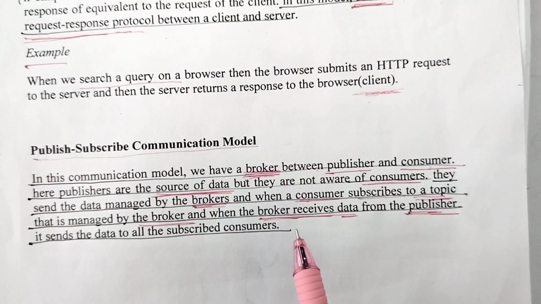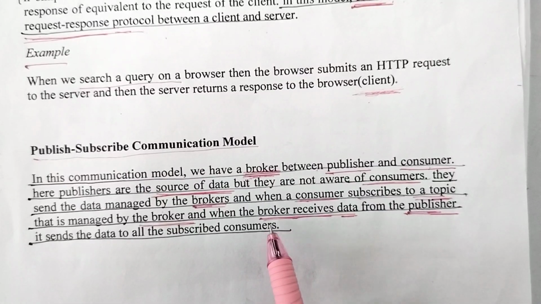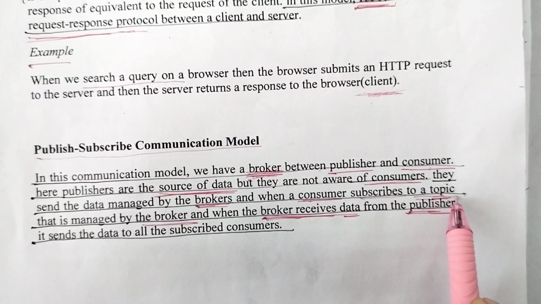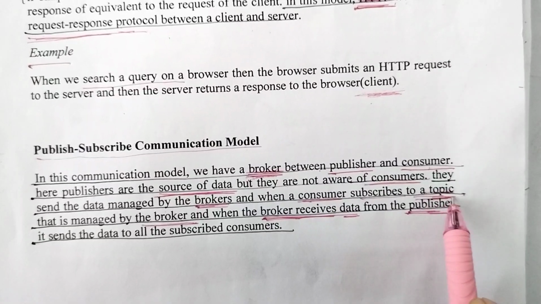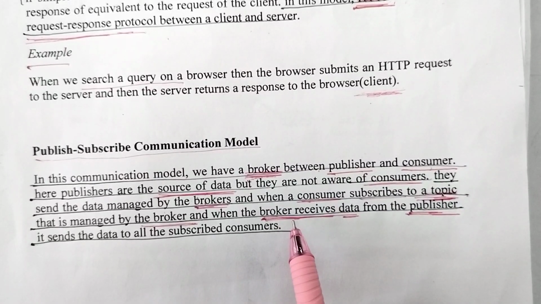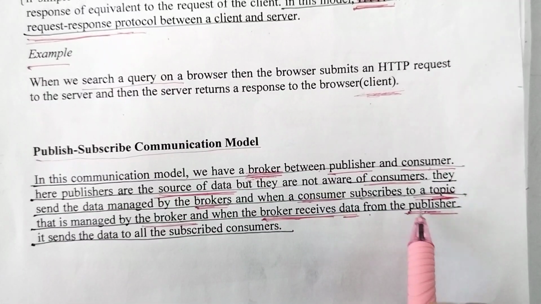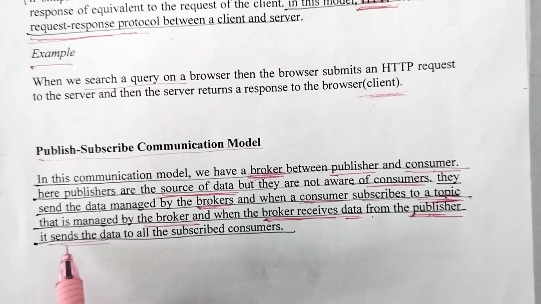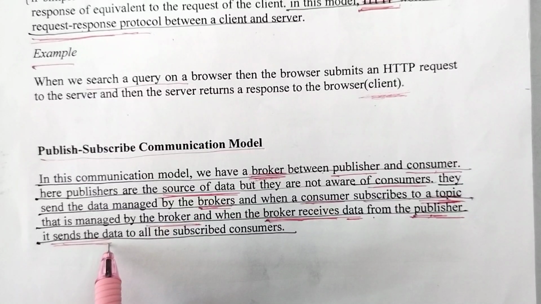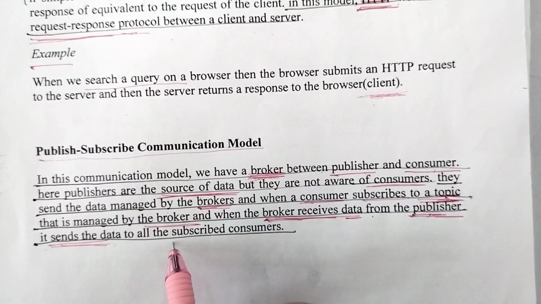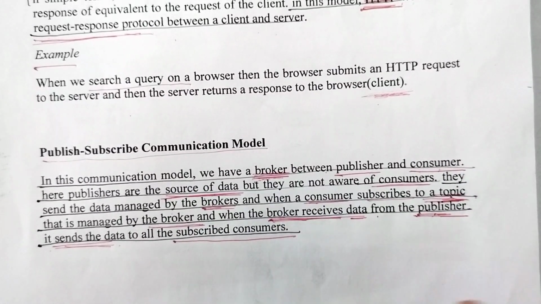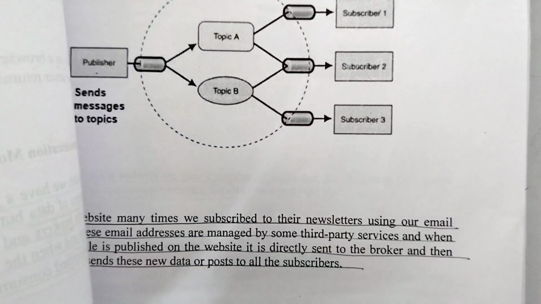So there is no request response model over here. These consumers are not requesting any particular kind of data. They are just subscribing to the topics, and whenever a publisher publishes a particular kind of data relevant to a particular topic, the broker receives data from the publisher, and then as per the topic subscribed by the consumer, the broker sends the data to all the subscribed consumers.